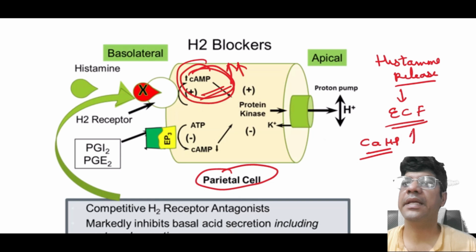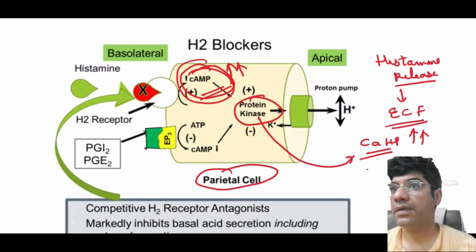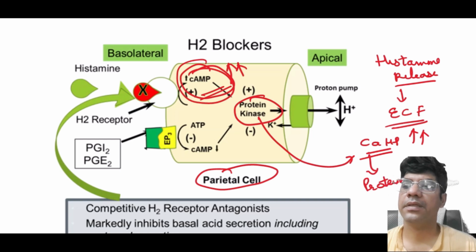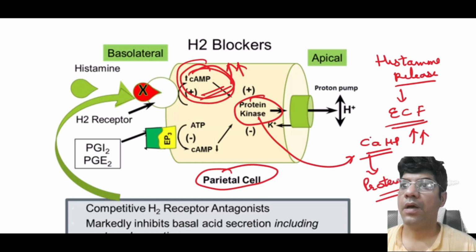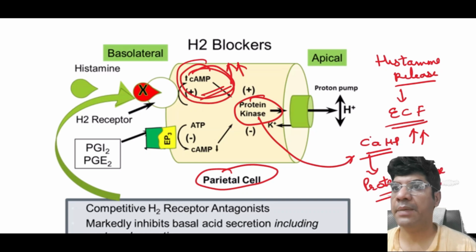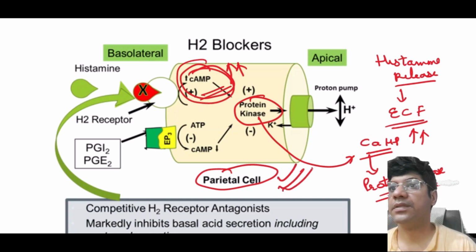This increased cAMP activates the protein kinase. Now the activated protein kinase phosphorylates and activates the hydrogen potassium ATPase pump on the luminal surface of the parietal cells.